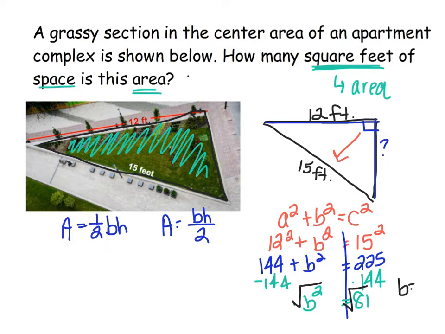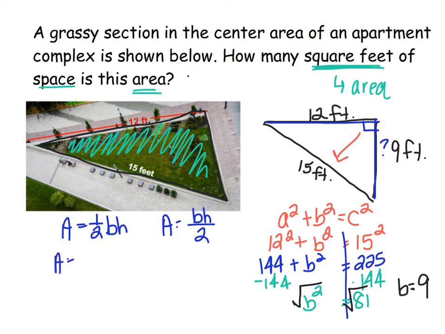The square root of 81 is a whole number, it's 9, because 9 times 9 gives me 81. So the height, or this side of this grassy section, is 9 feet. Now I have enough information to solve for my area.